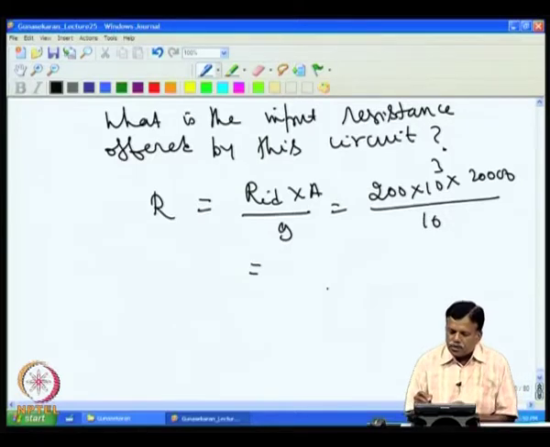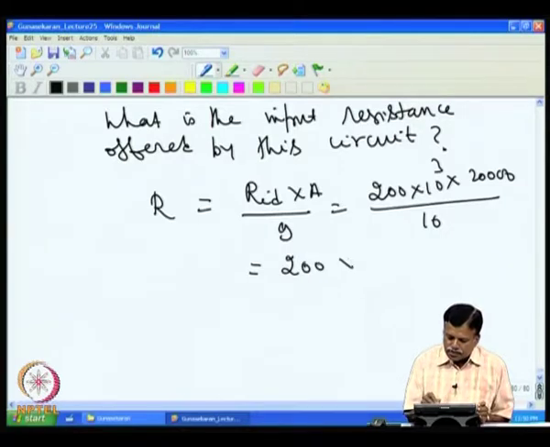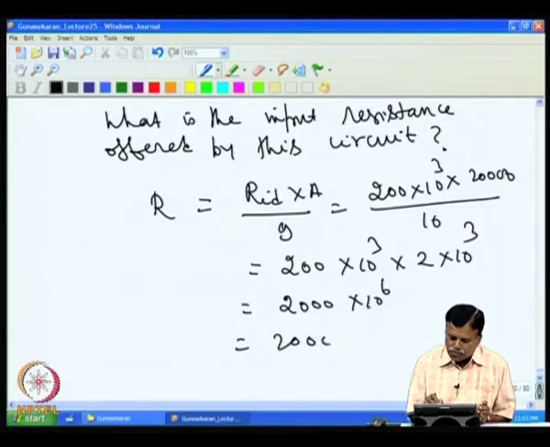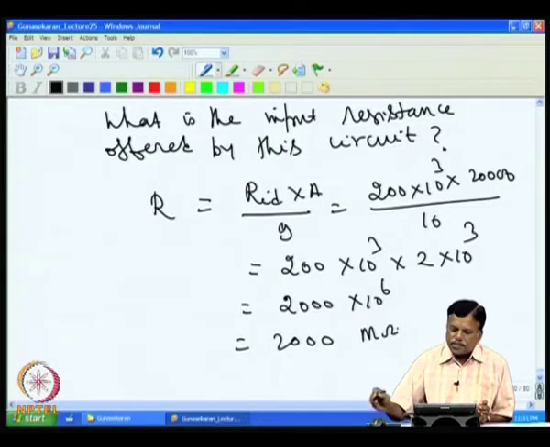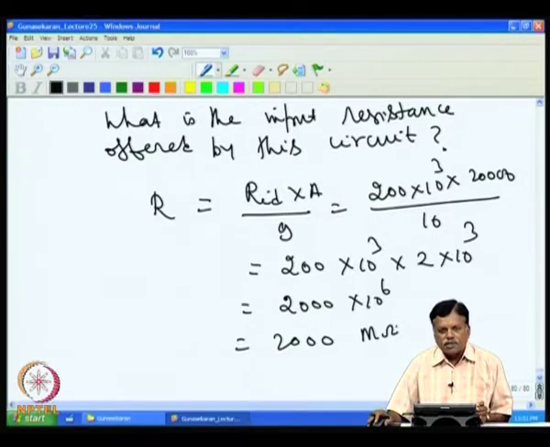That comes to 200 into 10 power 3 into 2 into 10 power 3, that is 2000 into 10 power 6, that is 2000 megohms. In that case, the input resistance offered by the op amp is 2000 megohm, not infinity which we normally think of.